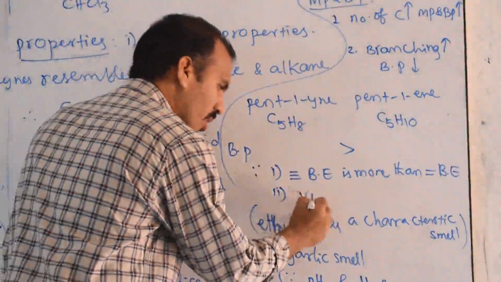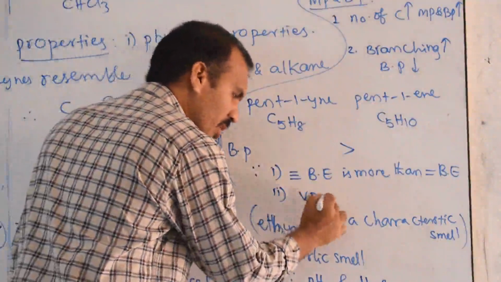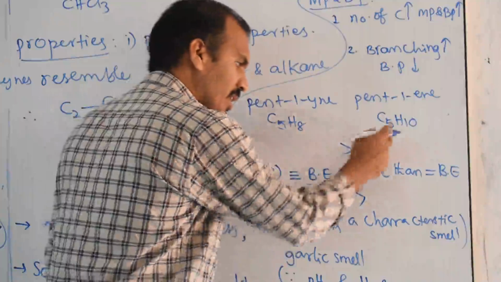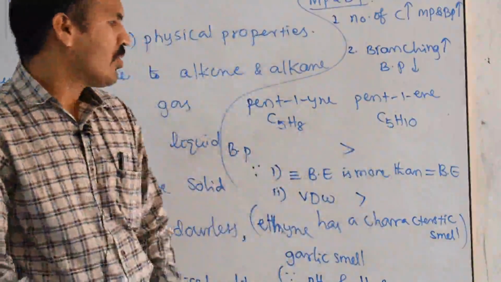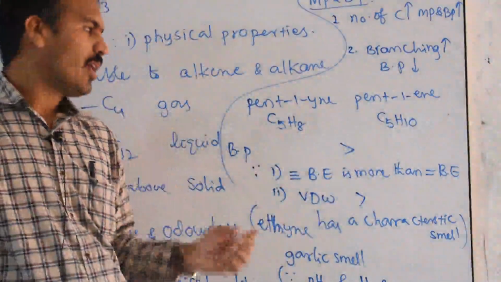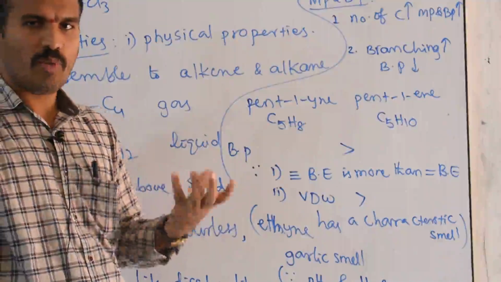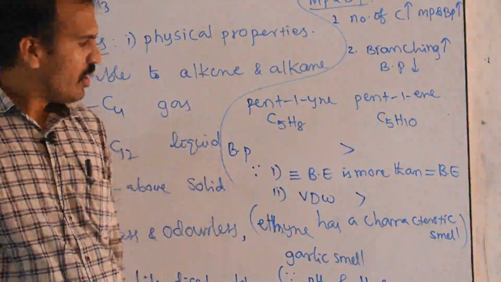So van der Waals force, VDW, is greater in alkyne than in alkene. These are the two reasons. That's why, in comparison with alkene, the alkyne's melting point and boiling point will be greater.